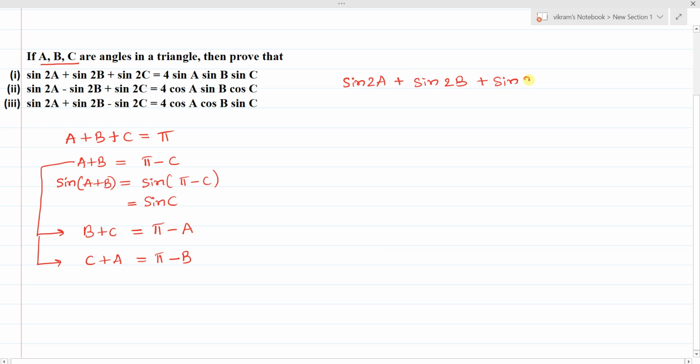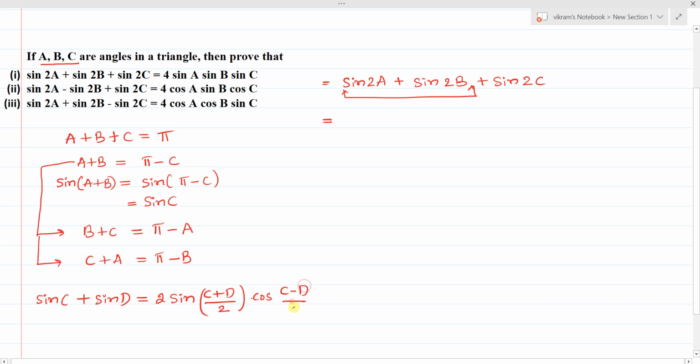From the trigonometric transformation problems, here we can apply the sine C plus sine D formula. The formula for sine C plus sine D is equal to 2 sine of (C plus D) by 2 into cos of (C minus D) by 2.